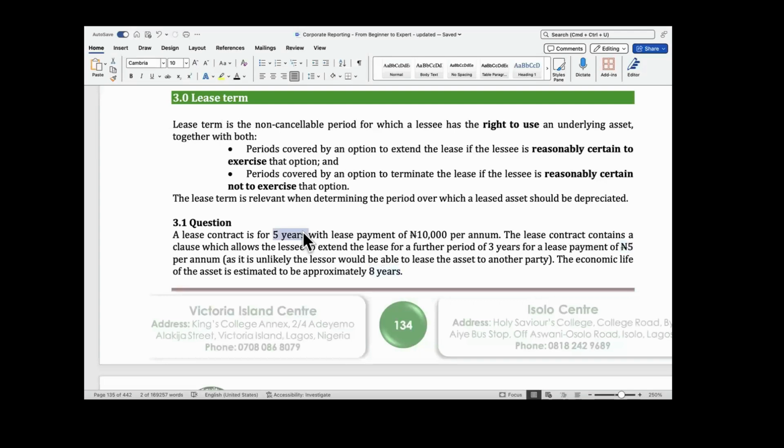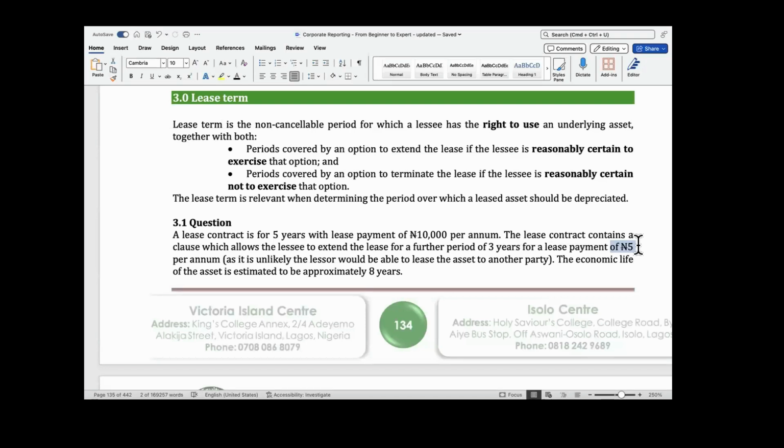But now we're told that the lessee can extend. And in the period of extension, instead of paying the 10,000 it was paying before, it will be paying 5 naira per annum. So that's favorable to him.